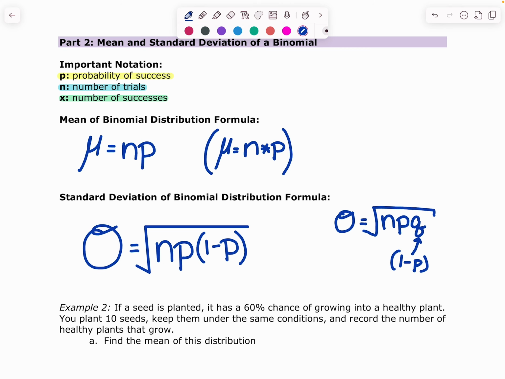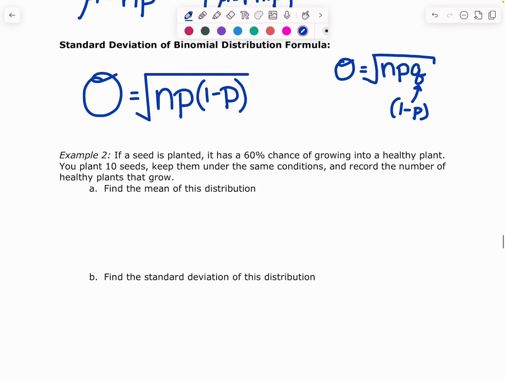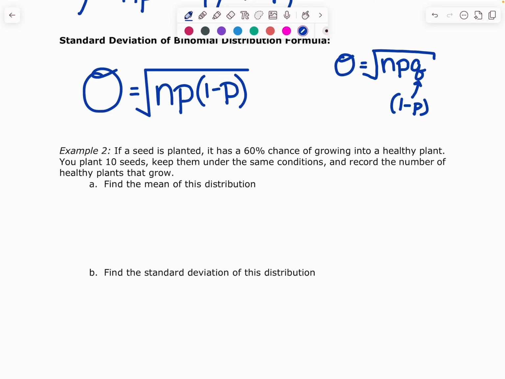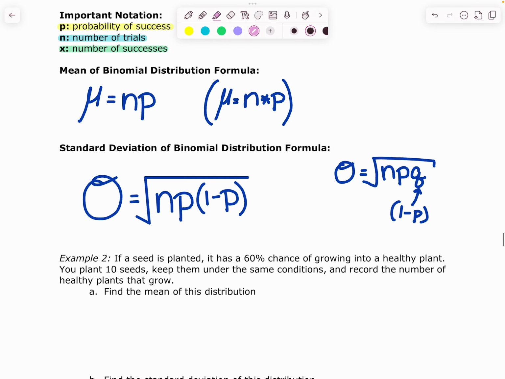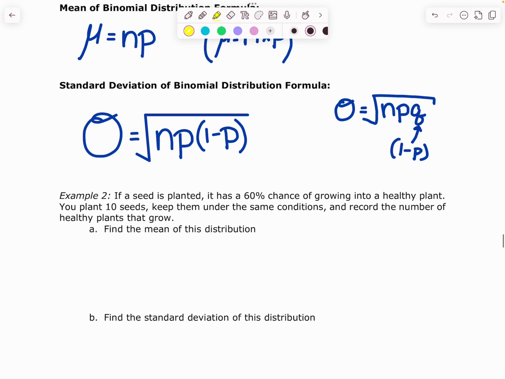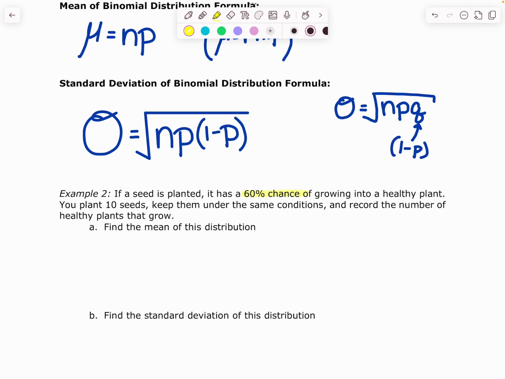So let's go ahead and do an example. If a seed is planted, it has a 60% chance of growing into a healthy plant. You plant 10 seeds, keep them under the same conditions, and then record the number of healthy plants that grow. So 60% chance of growing into a healthy plant, that's our probability of success, that's our p.